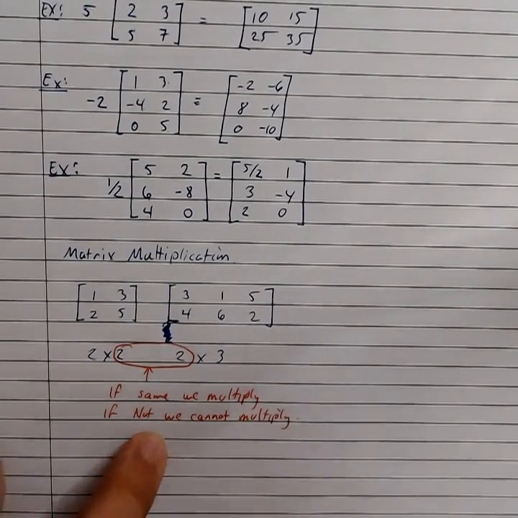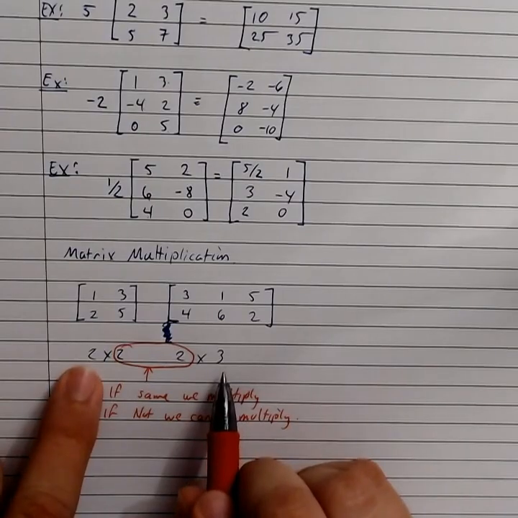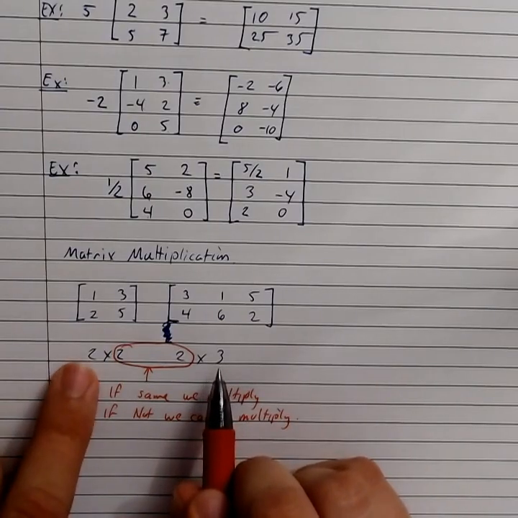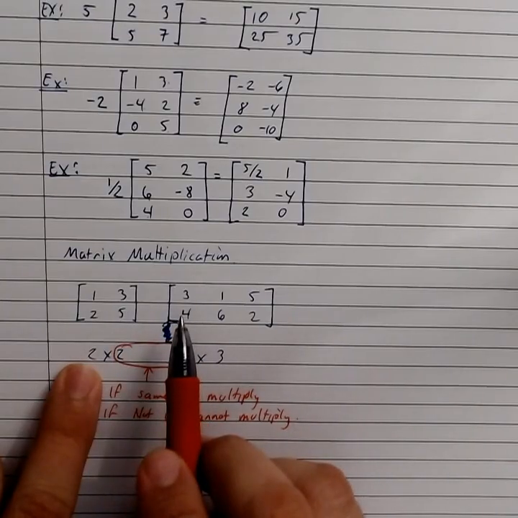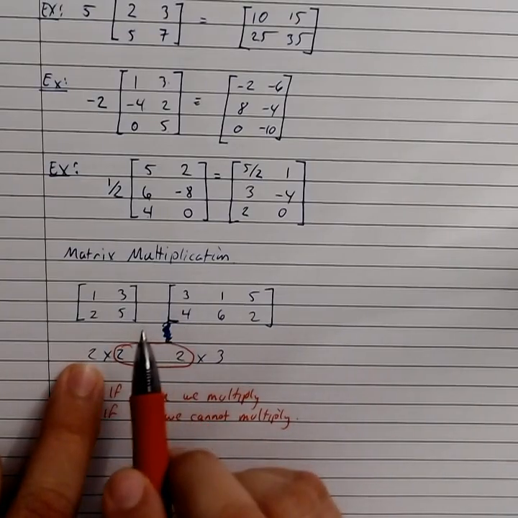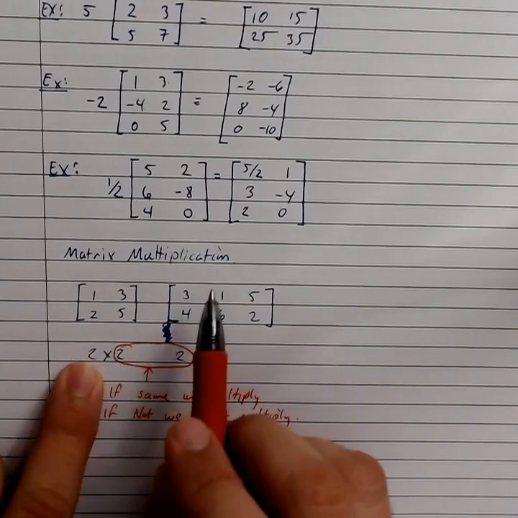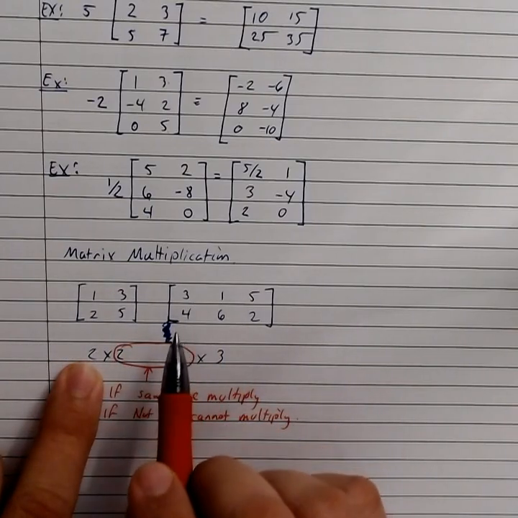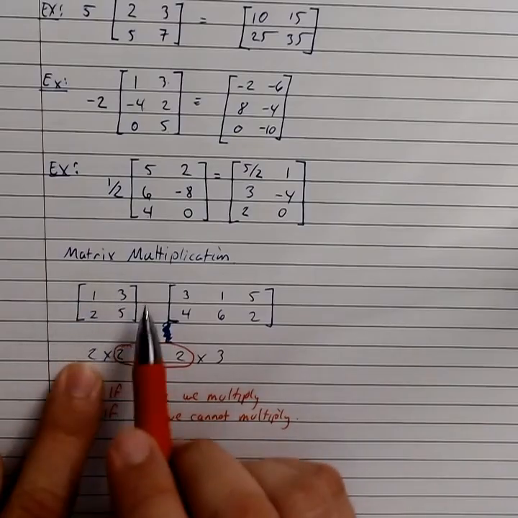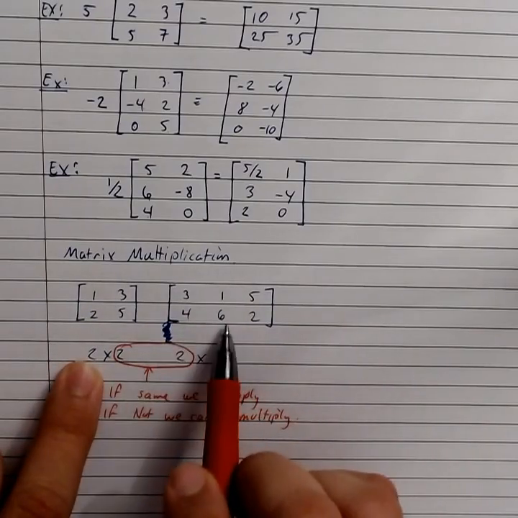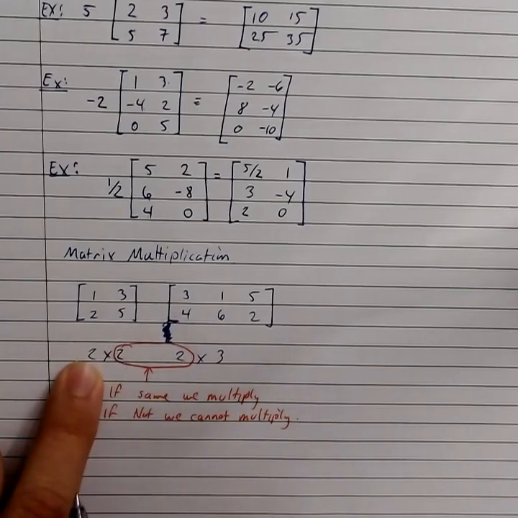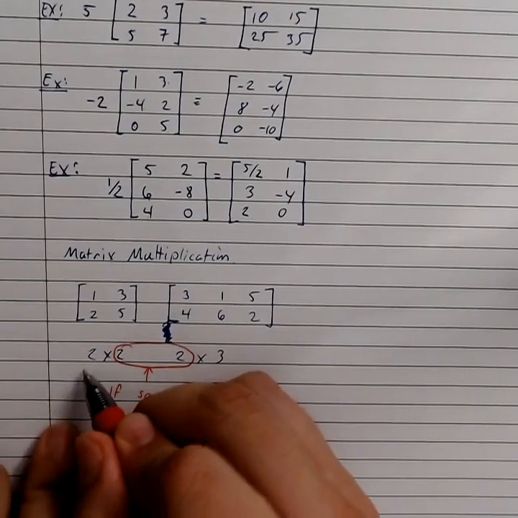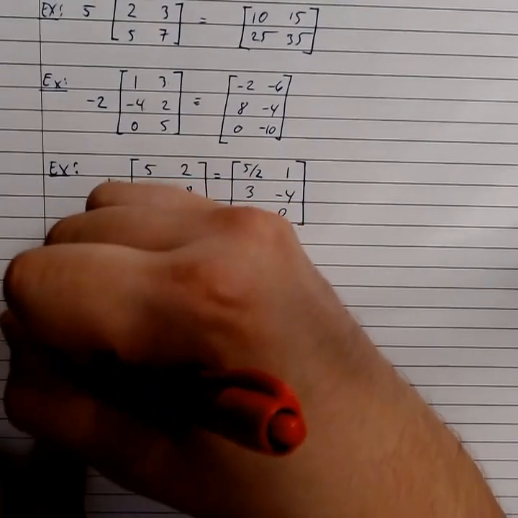Okay. All right. Well, what about these? Do these tell us anything? Yeah. These will tell us the order of our answer. Because notice, we have two matrices that are of different order. So what's the answer going to be? Is it going to have the order of this one? Is it going to have the order of this one? Well, it depends. Sometimes it'll have the order of this one. Sometimes it'll have the order of this one. And other times it'll have an order that's completely different from either of these. This is how you can tell. This tells you the number of rows in your answer.